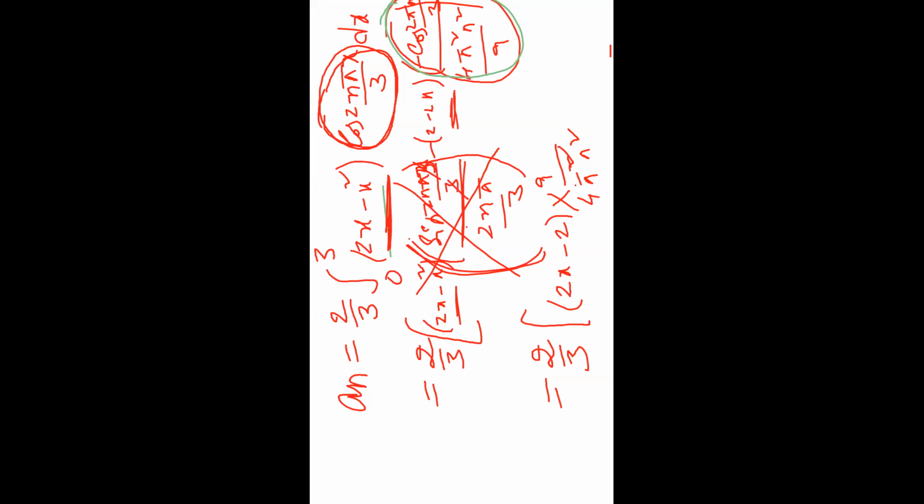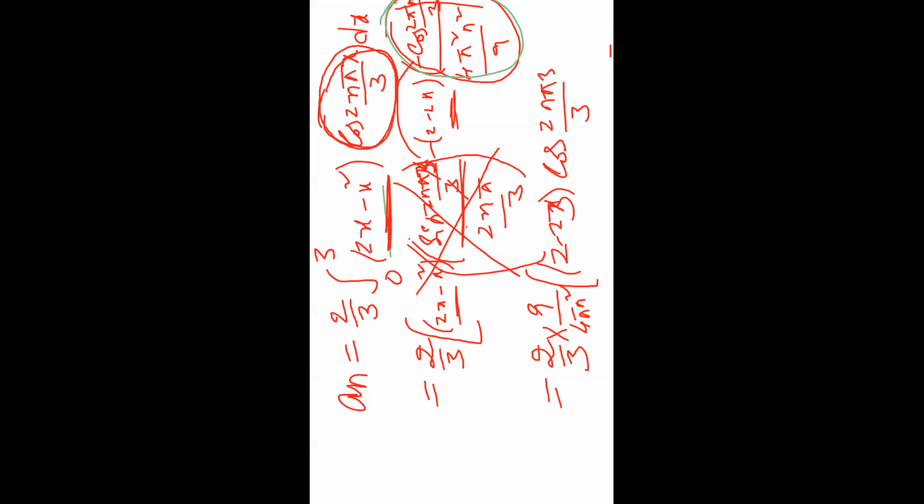So minus into minus is plus. The 9 by 4 pi square n square is a constant outside, and 2 minus 2x into cos 2n pi x by 3.